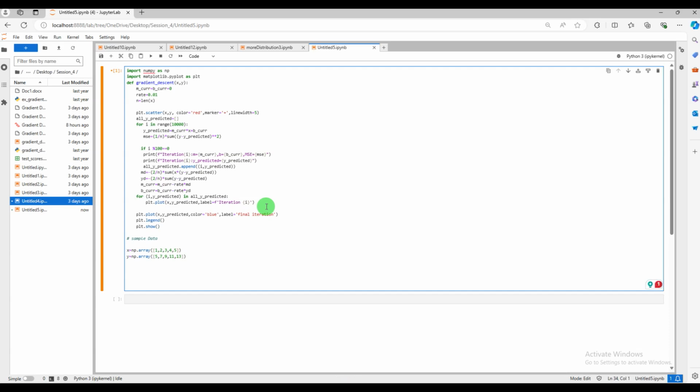After this line, we need to call the gradient descent function with x and y as arguments to run the gradient descent optimization and plot the result. So we write this command: gradient descent x, y.